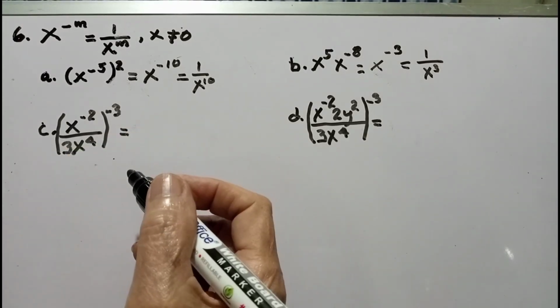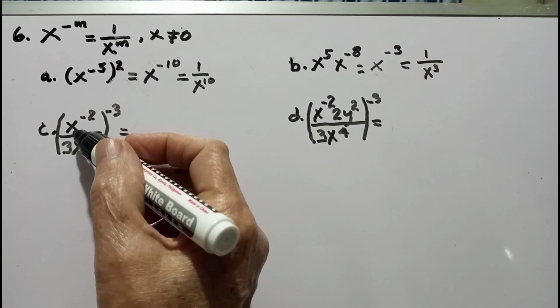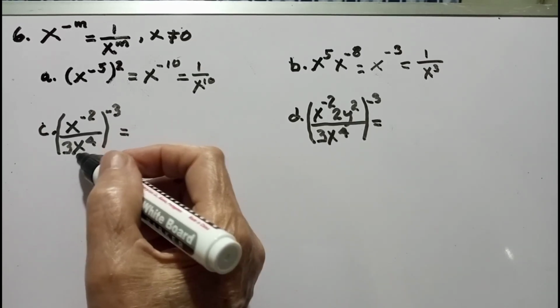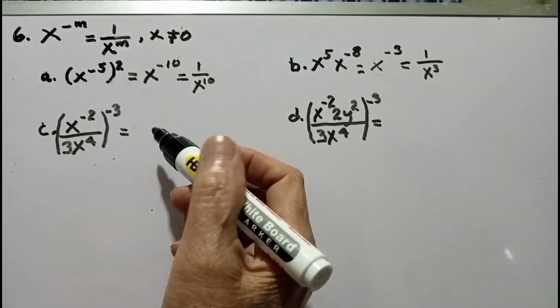What about letter C? We have x to the negative 2 over 3x to the 4th, quantity to the negative 3.